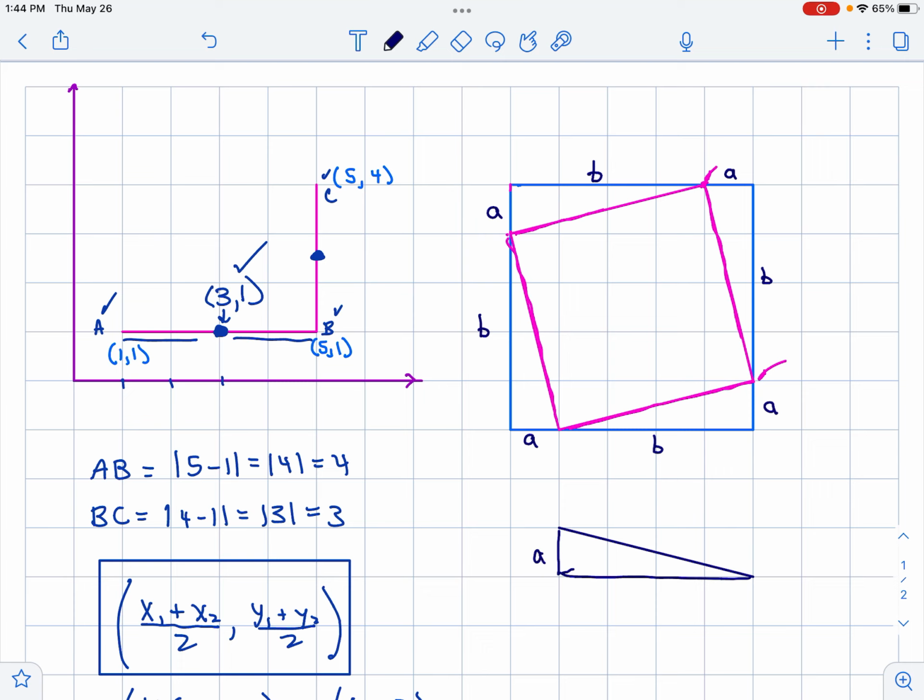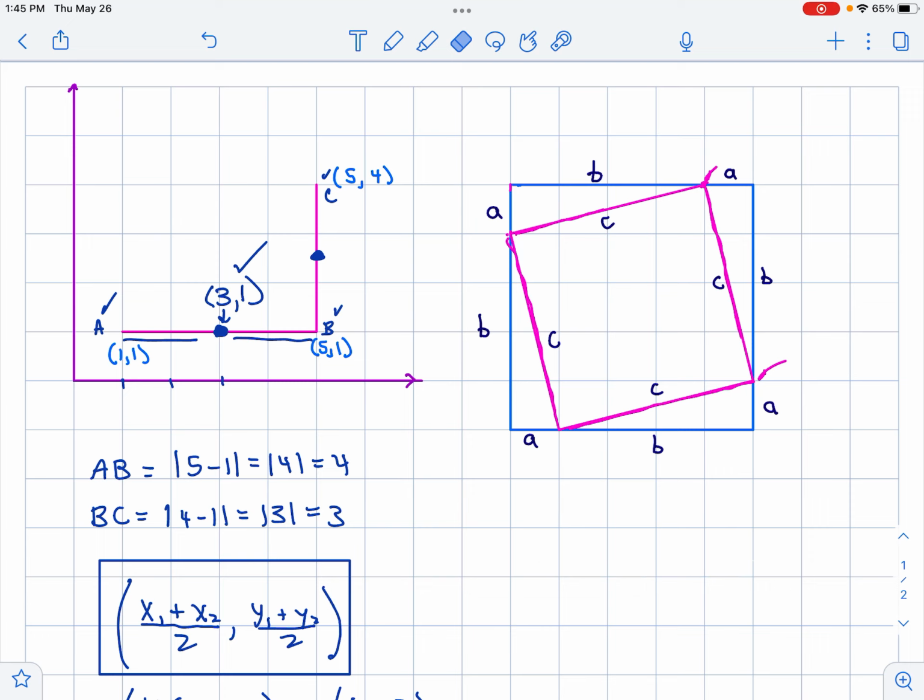We've got A, B, and let's label these C. So I'll label these parts here C. So this is just like one of those triangles.